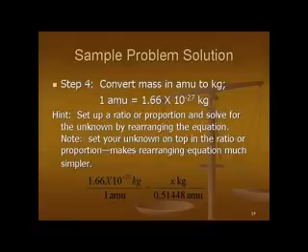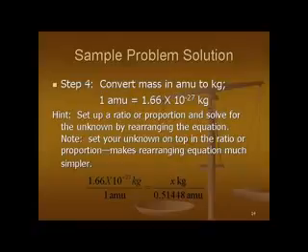So we want to convert the mass from atomic mass units to kilograms, and I want to give you a hint. You want to set up a ratio or proportion and solve for the unknown by rearranging the equation. And when you set up your proportion or ratio, set your unknown on top in the ratio, and it makes rearranging the equation much simpler.